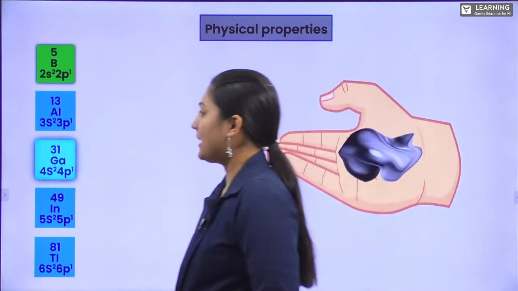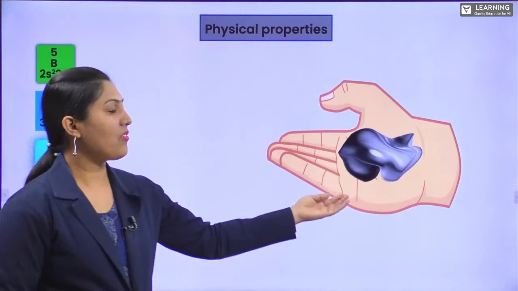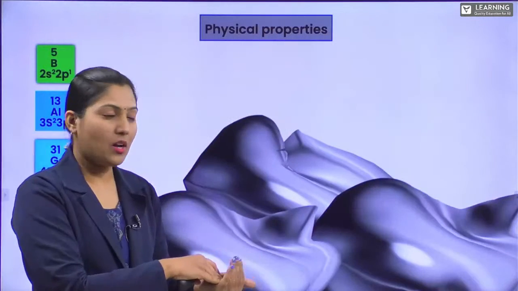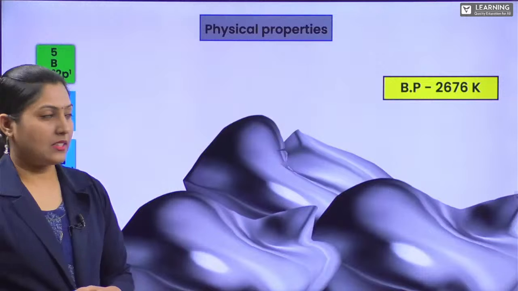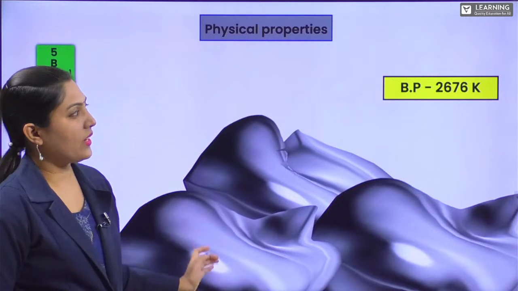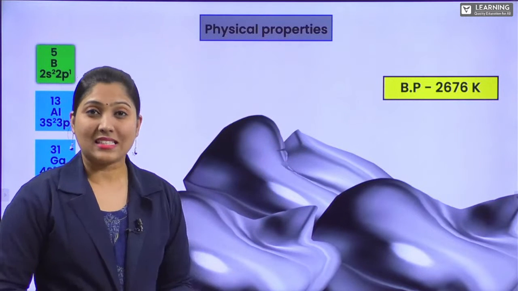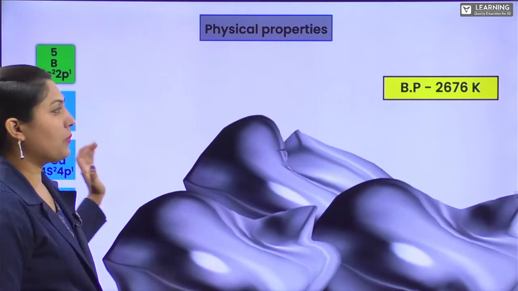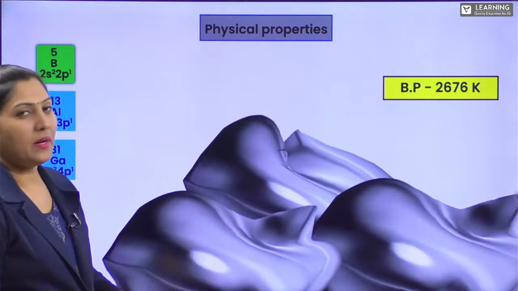If you see, gallium has a very low melting point, such that if you hold it in your palm, it will get melted, and its boiling point is very high, around 2676 Kelvin. So these are the physical properties of 13 group elements.